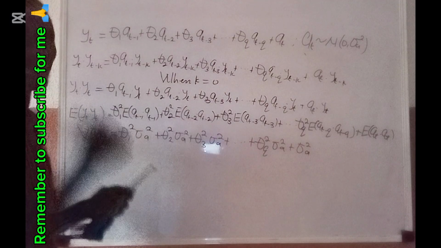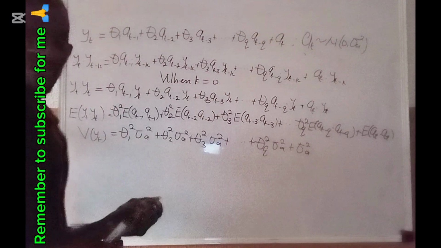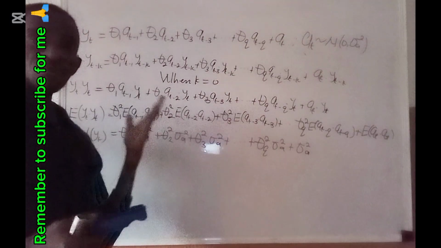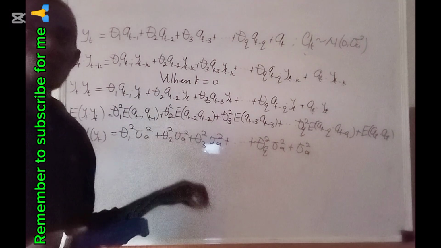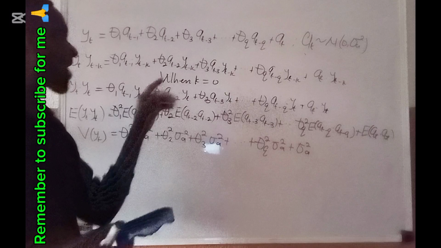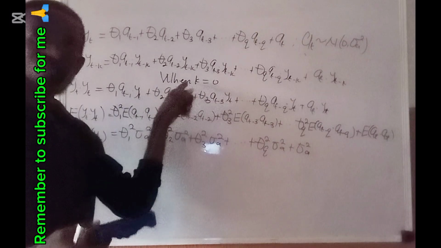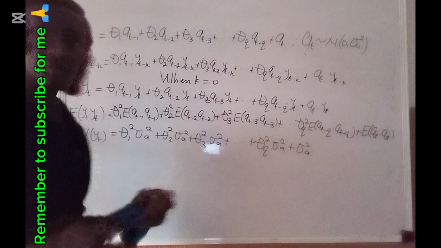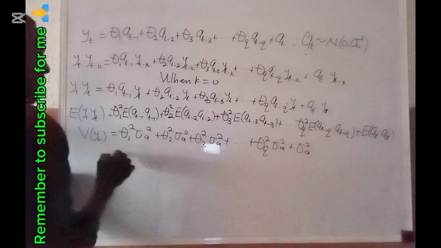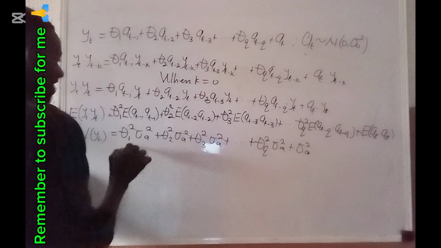Which of course becomes the same thing as the variance of the model which we showed earlier, because we are told that the autocovariance of a model at lag 0, that is when k is equal to 0, returns the variance of the model.